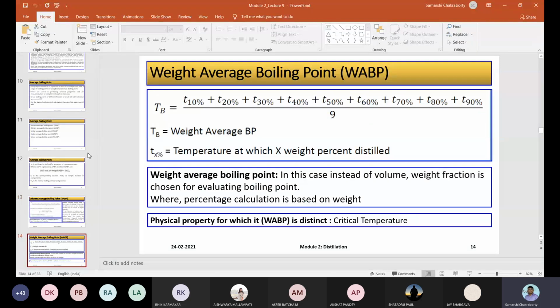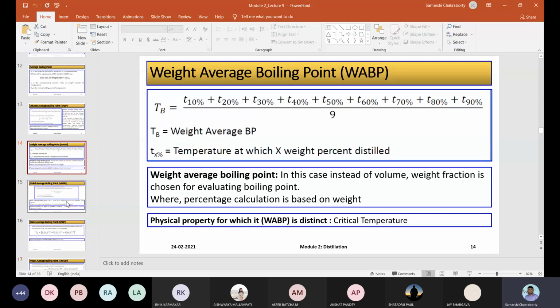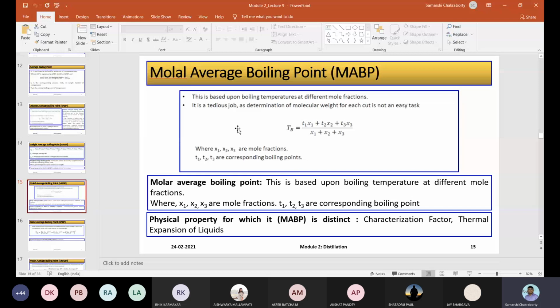Similarly, based upon weight, we do a similar type of measurement, and this weight average boiling point is what I will be concerned with if I want to measure the critical temperature of my crude oil products. Similarly, molar average boiling point is based on the boiling points at different mole fractions.